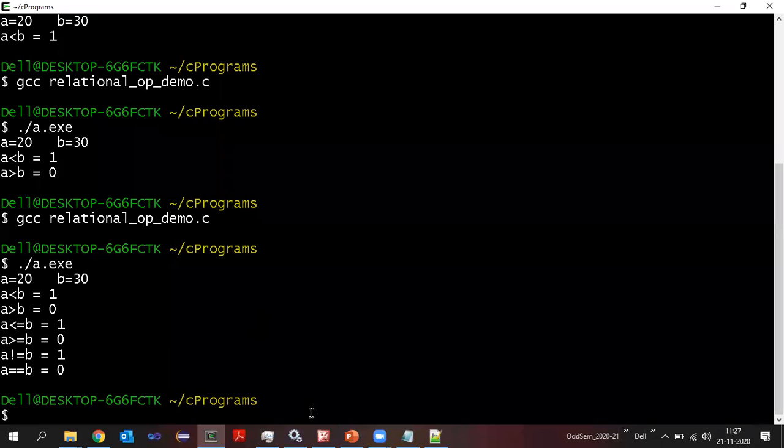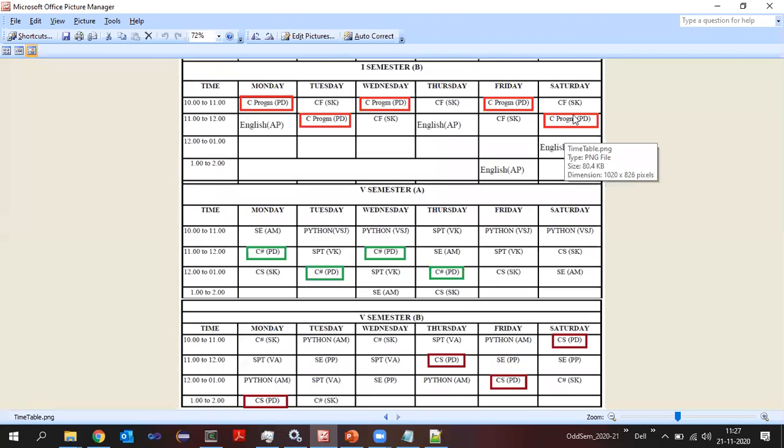Let me see the timetable once again. Here it is. First CF was there, CF was not taken, then at 11 o'clock I'm taking C programming, and after my class you have an English class, right? So 12 to 1 is the English class, and I can have the class after 1 o'clock. I will communicate the timing of the second class today in the WhatsApp group.